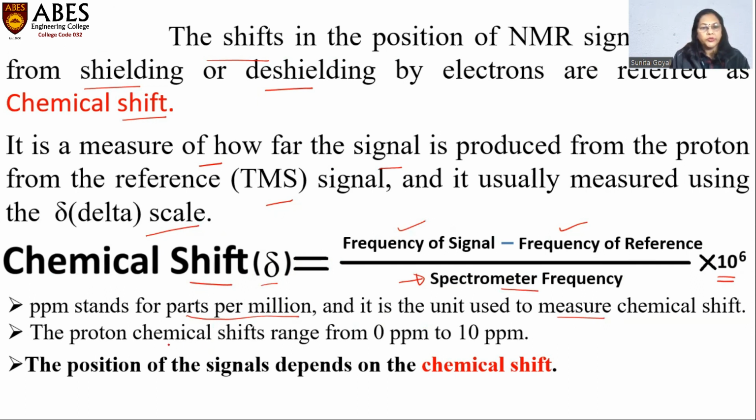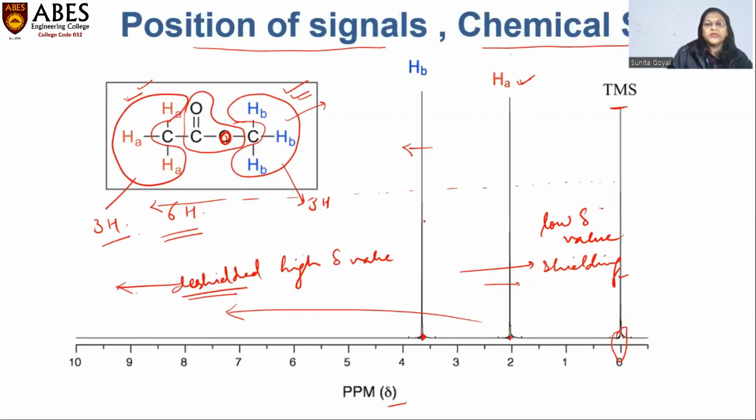And the proton chemical shifts range from 0 to 10 almost for all the protons. However, it may not always be the case. And the position of signals depends on the chemical shift. So in the last slides, we have seen the chemical shift value here, the chemical shift value for HB protons.